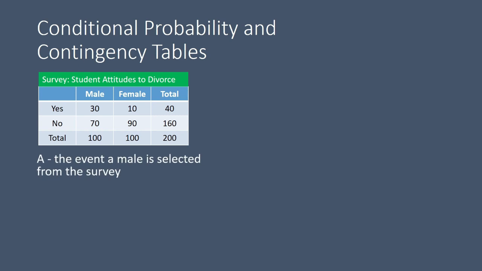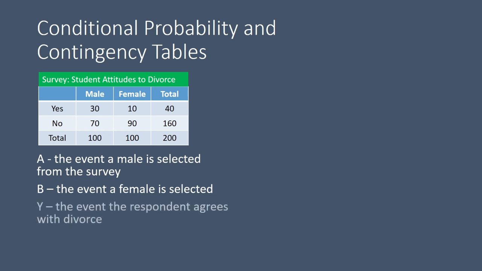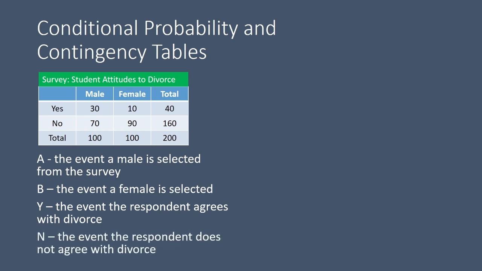So let A be the event a male is selected from the survey, or the respondent that you selected is a male. Let B be the event the respondent that is selected is a female. Y is the event when the respondent that is selected agrees with divorce, and N is the event when the respondent that is selected does not agree with divorce.